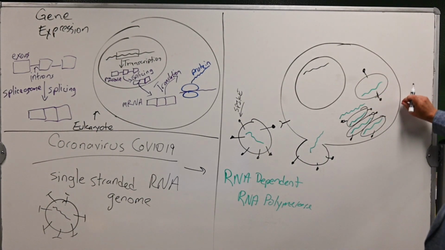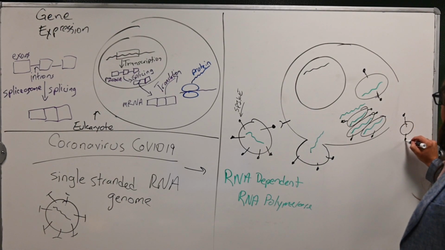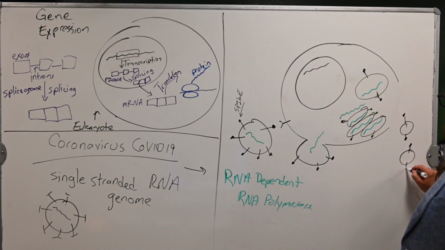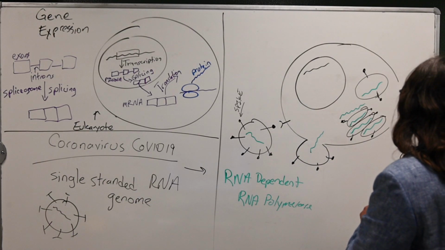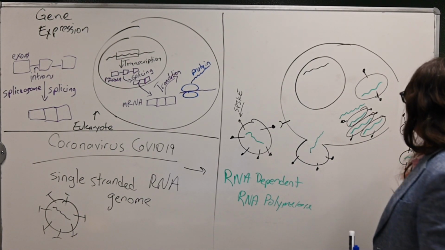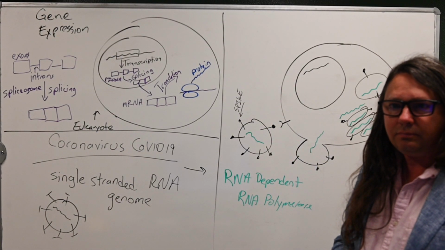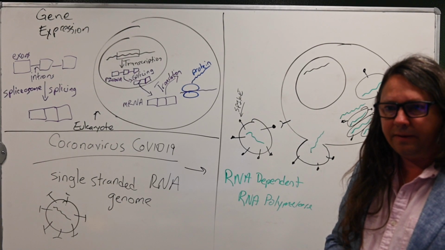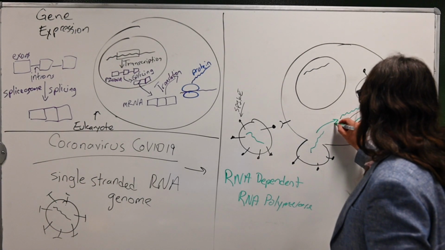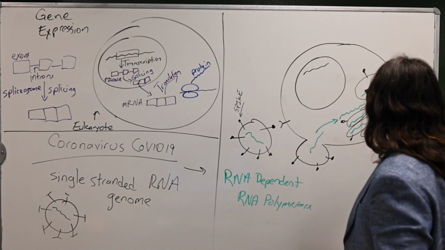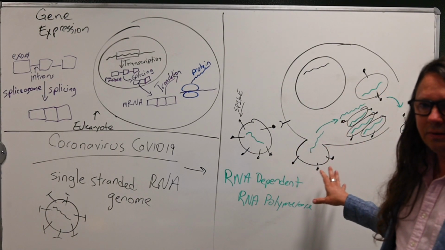Eventually the cell bursts and you get new virus out to infect more cells in the body, or if this person coughs on somebody else, those viruses go to another person and infect another person. Any questions about this? So we go from here to replication to new virus, and then the cycle repeats.